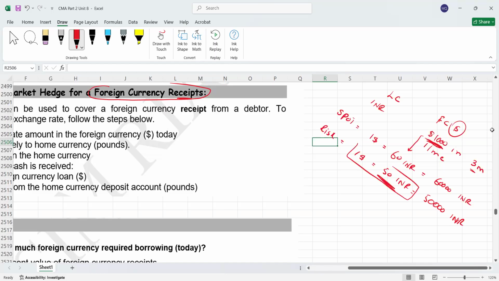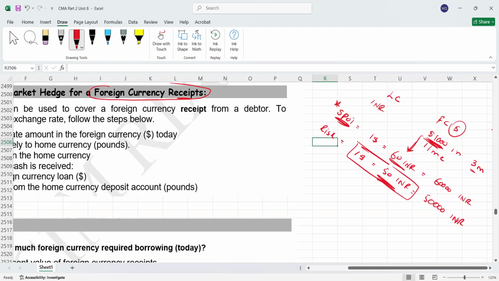So now, as a hedger, I feel that this spot rate is better for me, because in 3 months' time the rate may move to 50 Indian rupees per dollar. So I want to avail this rate. But I would need to have $1,000 today to convert it into Indian rupees at 60.